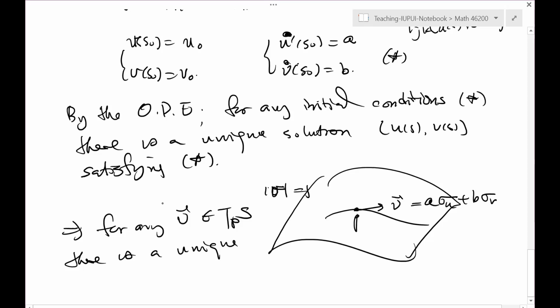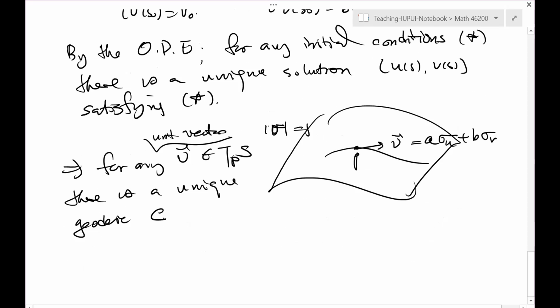Any unit vector, there's a unique geodesic C, right?